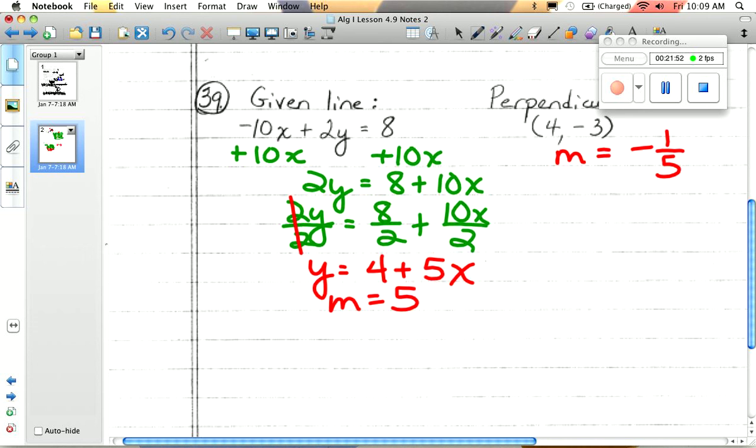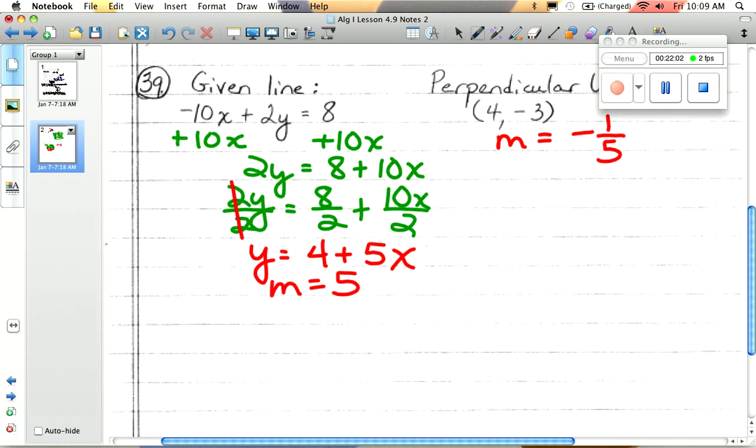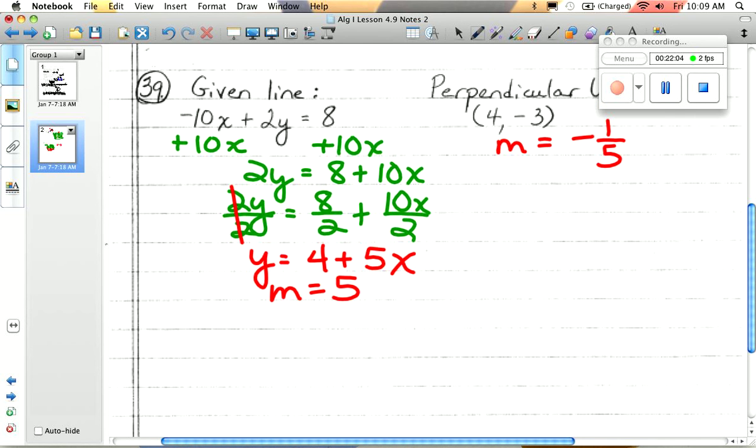You have to make sure you identify what the slope should be properly. Then you can go to work picking the method of your choice to get the equation in slope-intercept form. So, go ahead and get an equation for this line that is perpendicular to the given line.